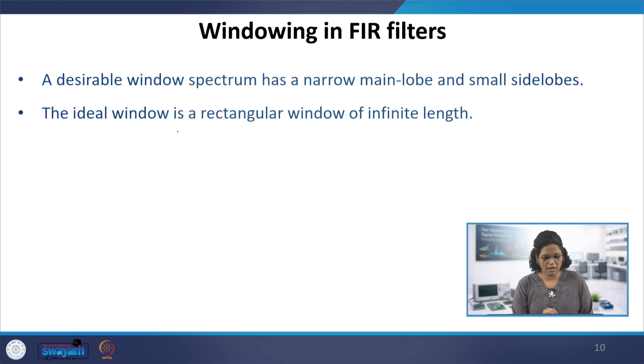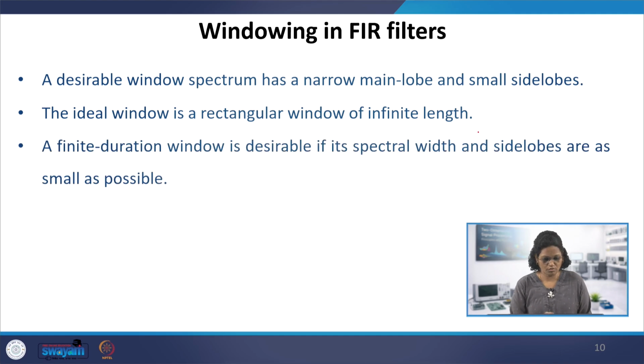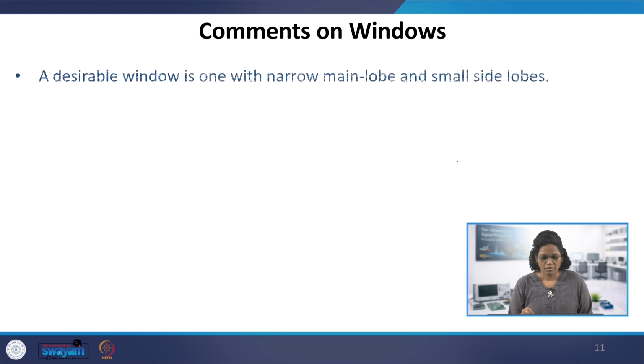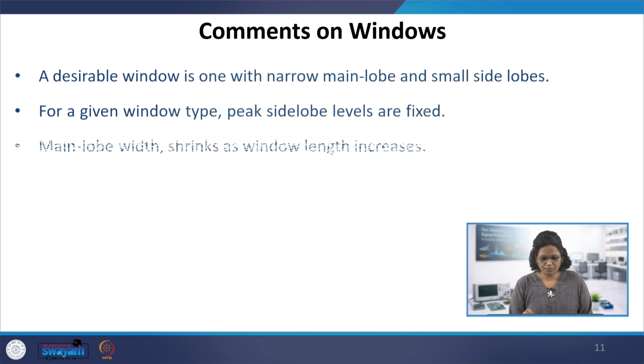The ideal rectangular window should be of infinite length, but infinite length cannot be used, so we have to truncate it to a finite duration and also avoid spectral leakage as much as possible. The peak side lobe level is going to be fixed for the different windows.